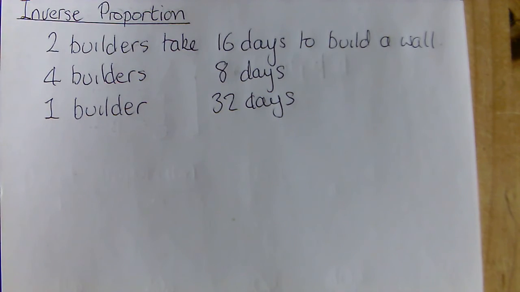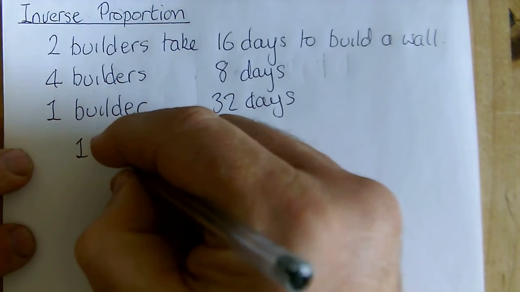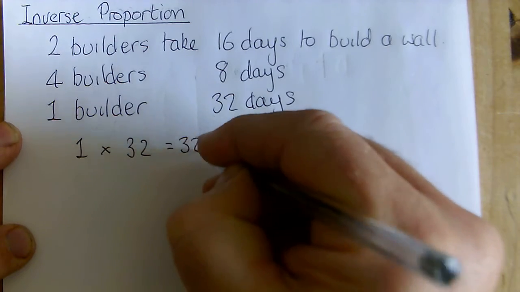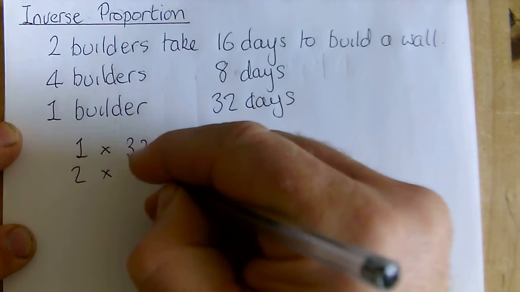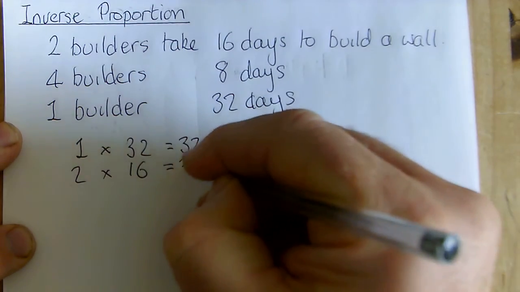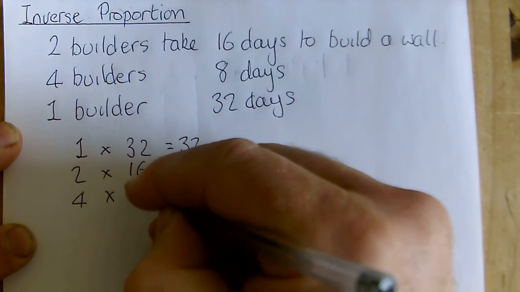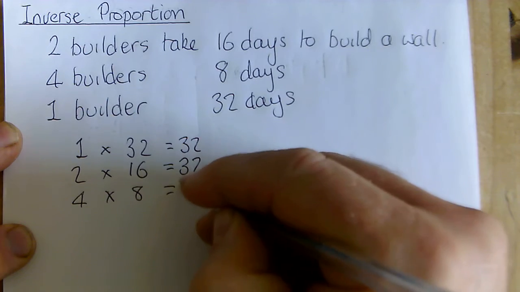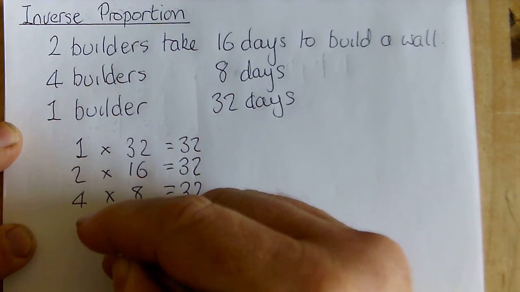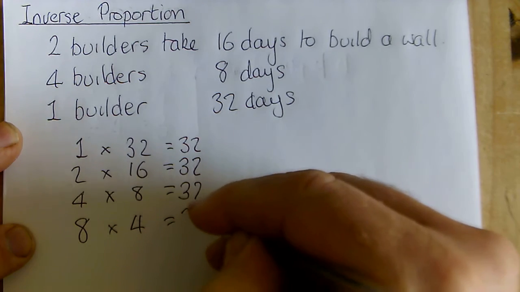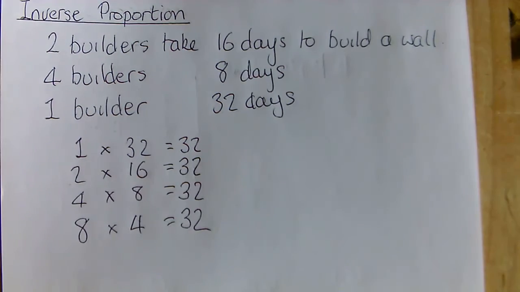Looking at the pairs of numbers here, we can see a pattern. 1 times 32 is equal to 32. 2 times 16 is equal to 32. 4 times 8 is equal to 32. And if we had 8 builders, it would take them 4 days. That's also equal to 32.